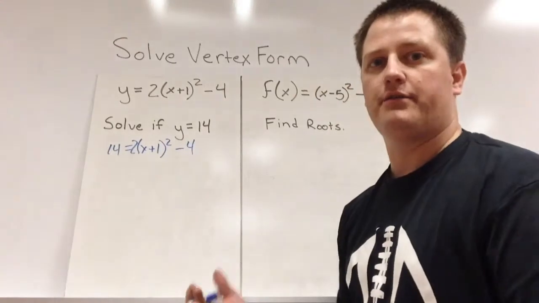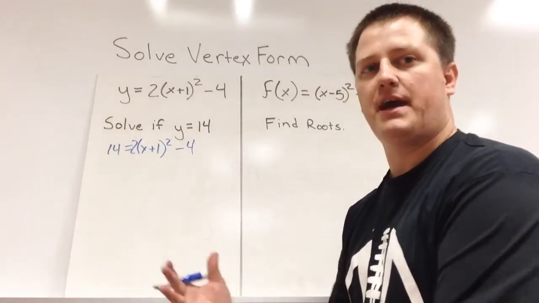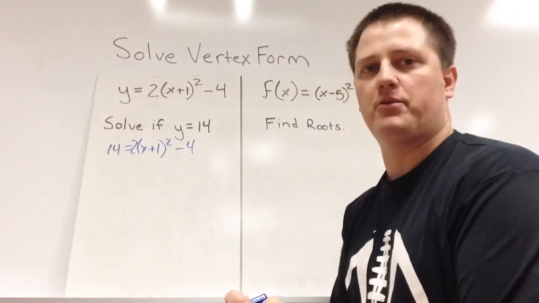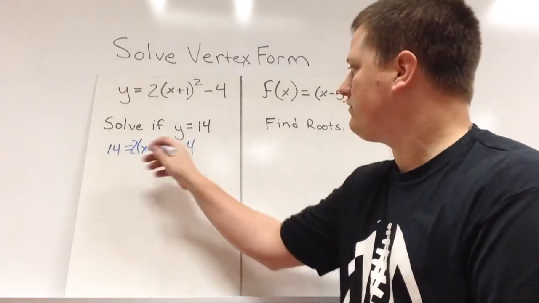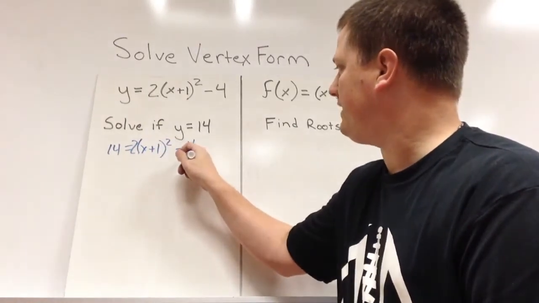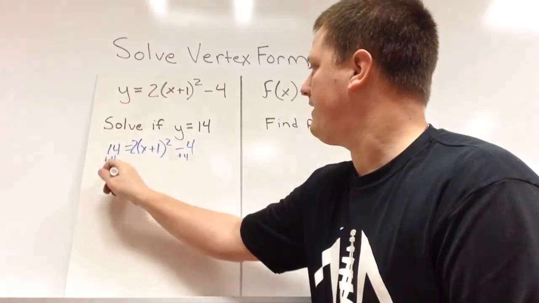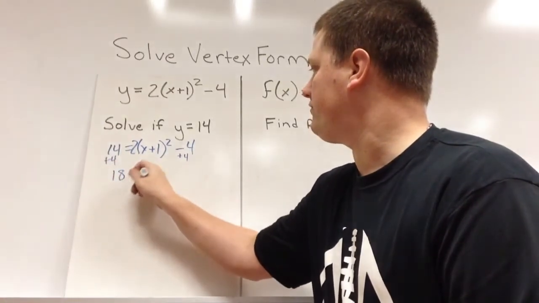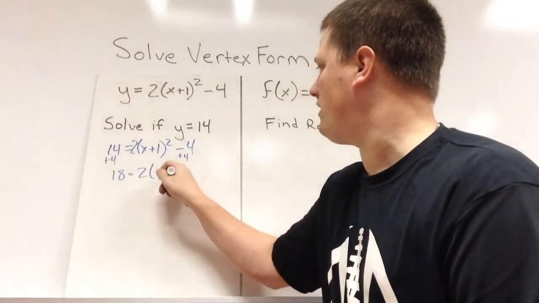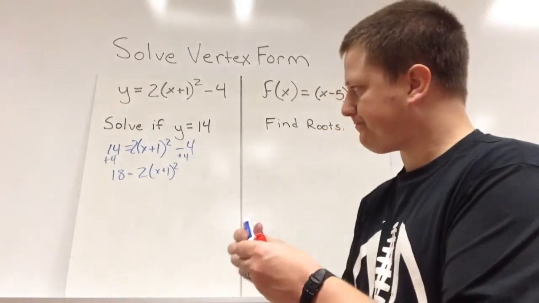And we're going to solve. We can use box or balance method. I prefer balance method when I'm doing a quadratic. So I'm going to add 4 to both sides. 18 equals 2x plus 1 squared.